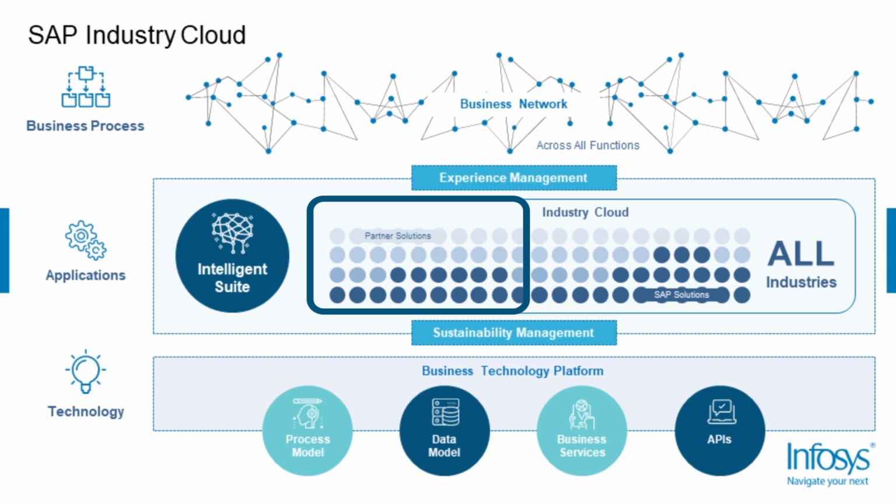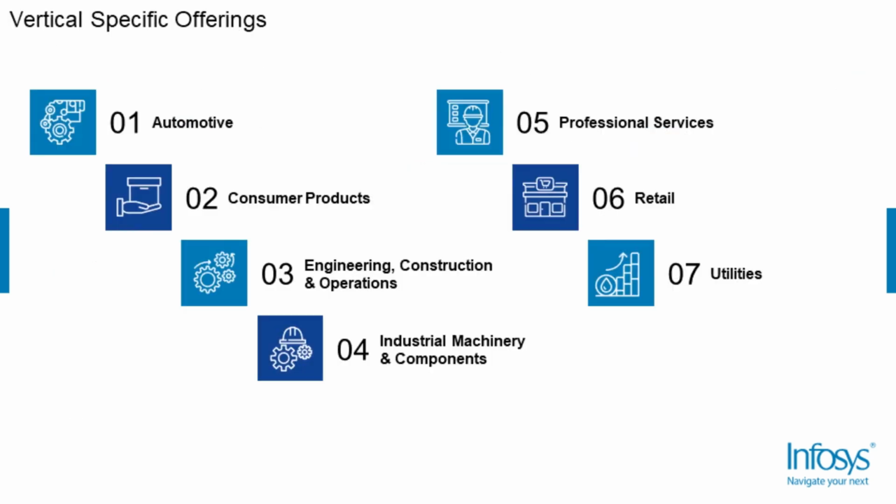Also, you will see that these solutions are built on what is represented at the bottom of the screen as the business technology platform. What we're saying here is that these solutions have to be built using the technologies that the business technology platform provides. These solutions can be built on a lot of cloud native technologies, which the business technology platform or BTP enables.